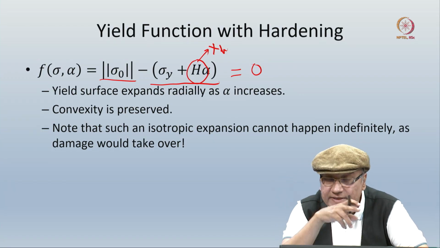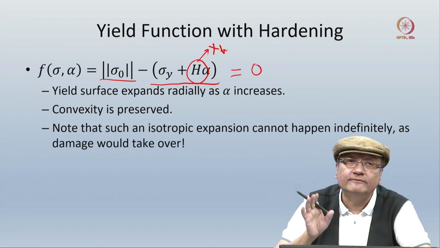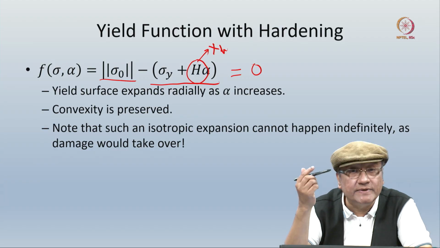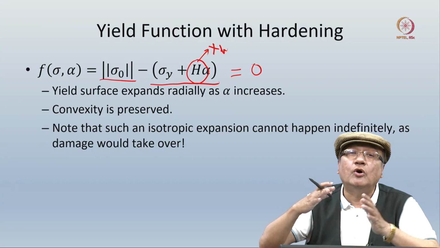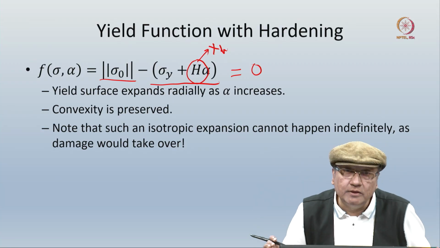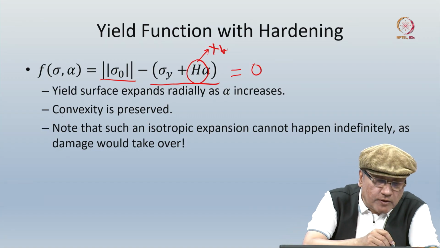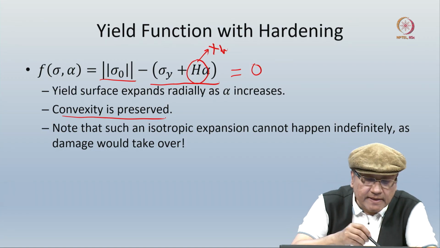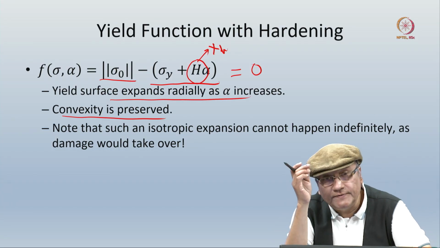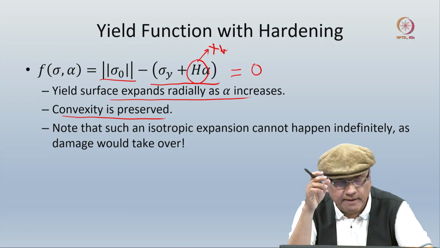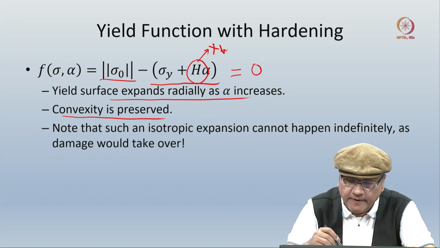If alpha increases in time as plastic flow continues, then h alpha will increase, so sigma y plus h alpha will increase. Therefore it will go on blowing up, the ball will go on blowing up indefinitely, whilst preserving the convexity, of course. This increase in the size of the ball, that is the yield set, is essentially radial as alpha increases.